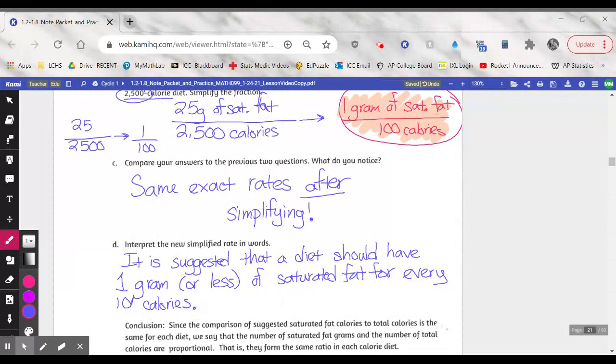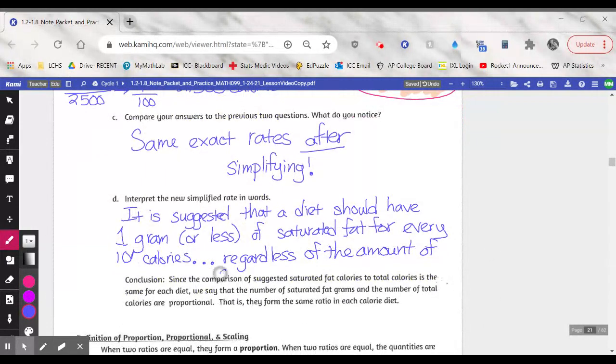And we can even add regardless of the amount of calories consumed.